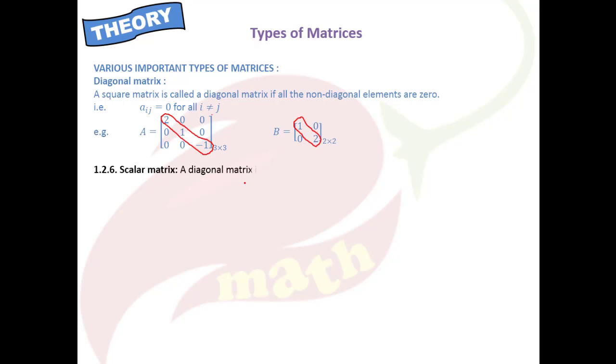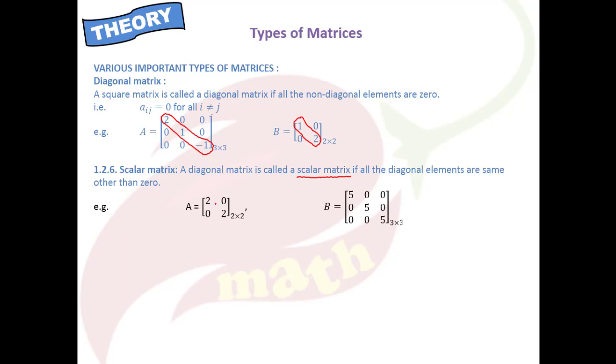Next we have the scalar matrix. A diagonal matrix is called a scalar matrix if all the diagonal elements are the same and other than 0. They should not be 0. For example, A and B. Here all other non-diagonal elements are 0 because it's a diagonal matrix, but with one condition, that diagonal elements are the same.